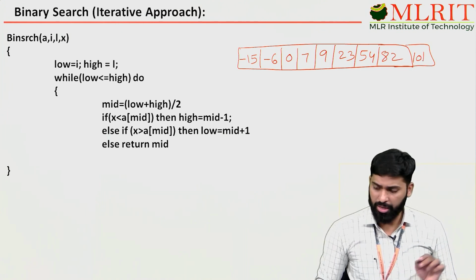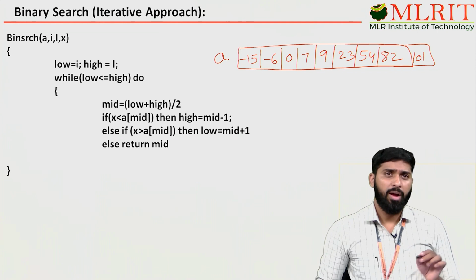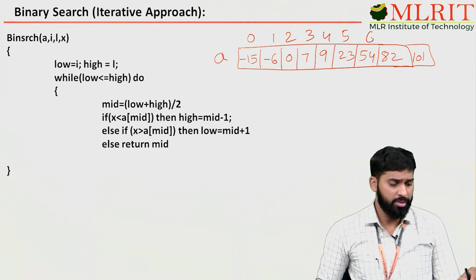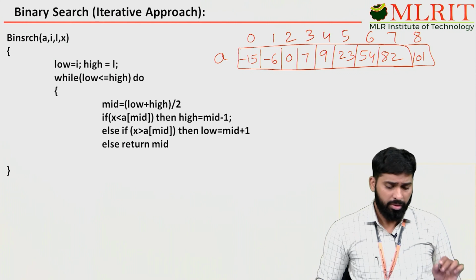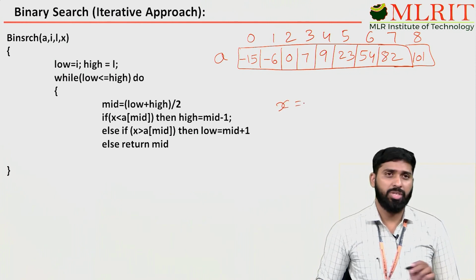So this is the input. Let us assume this is the array A, and the indexes are 0, 1, 2, 3, 4, 5, 6, 7, 8. Now we are going to give the x value. X is the searching element.